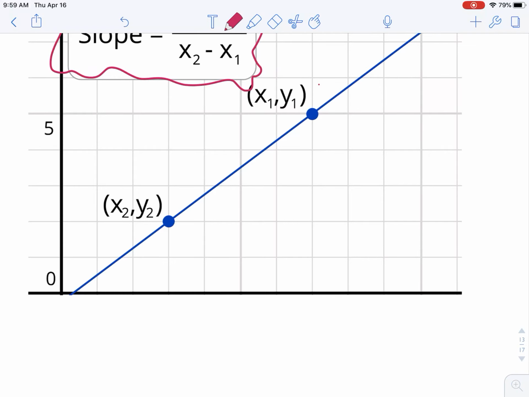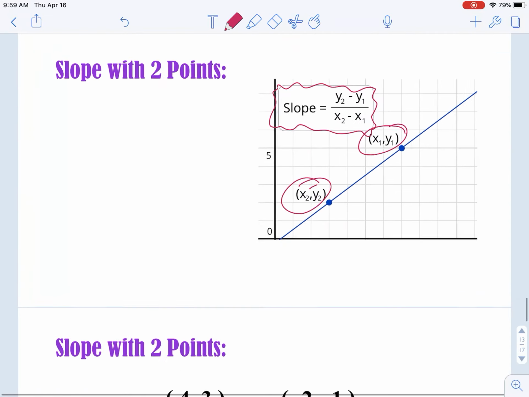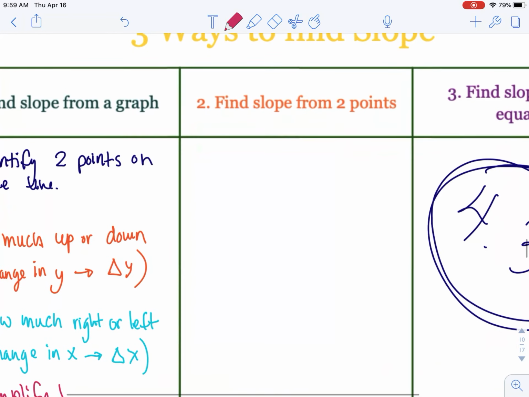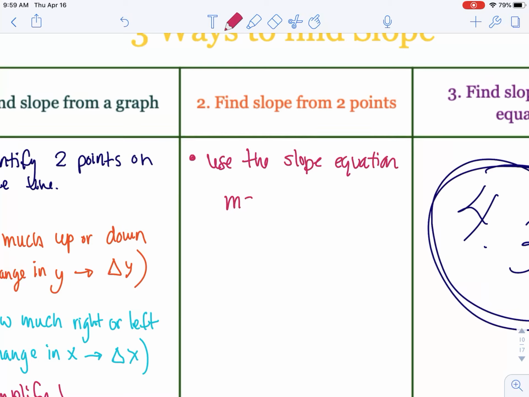And we have our 2 points on the line. What if I don't have a graph? What if I only have the 2 points? Well, then we use the slope equation. M equals y2 minus y1 over x2 minus x1.